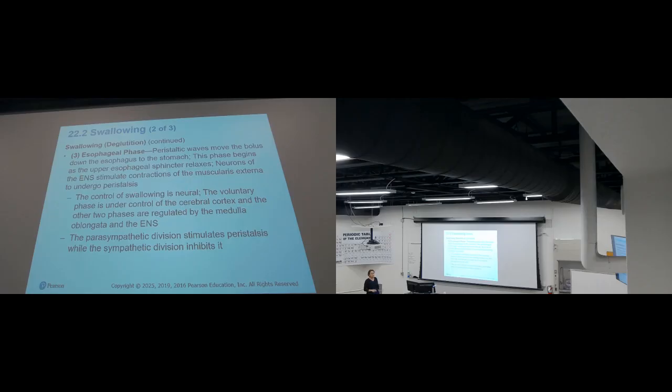In peristalsis, basically you have contraction and relaxation of the circular layer of muscles. And then after this, you will have the passage of food into the stomach. And now the parasympathetic system in general, no matter if it's in the esophagus or anywhere else, increases the motility of the gastrointestinal tract, while the sympathetic system will be the opposite.